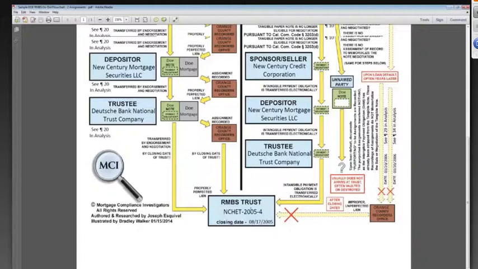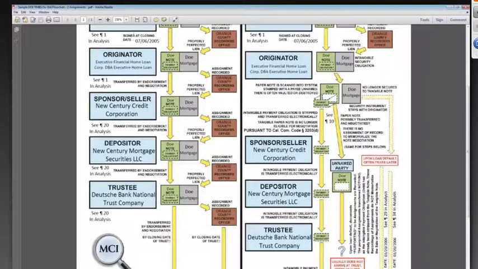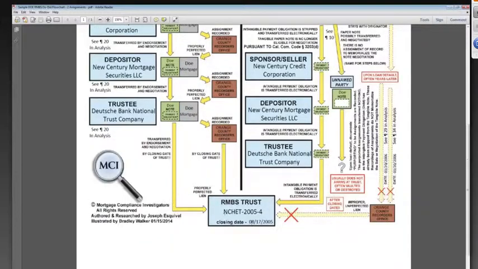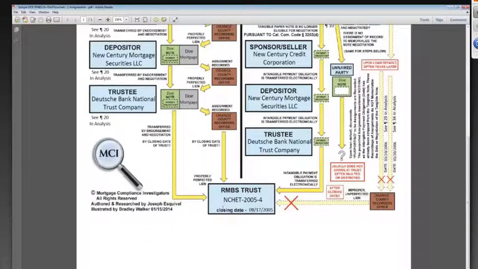All right, now, again, they signed July 6th. The closing date is August 17th. So even if we gave them an additional 30 days, they would have till September 17th of 2005 to get this in.